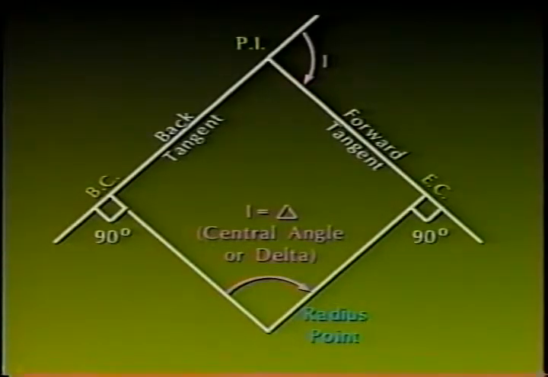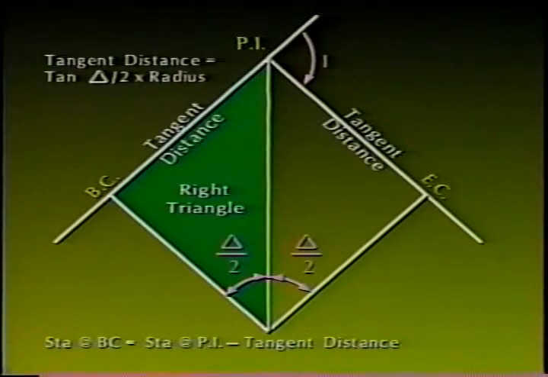As shown in this graphic, angle I always equals delta, or central angle, and radial lines from the BC and EC are always perpendicular to the tangents. Let's move on to the next sketch. Note that the line from the radius point to the PI bisects all related lines and angles.